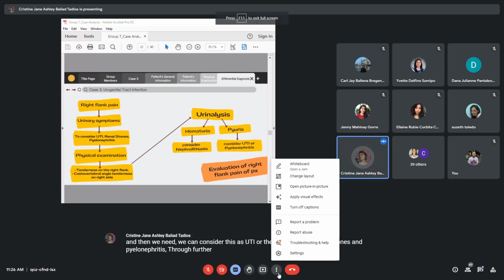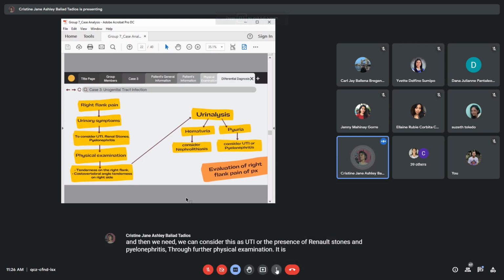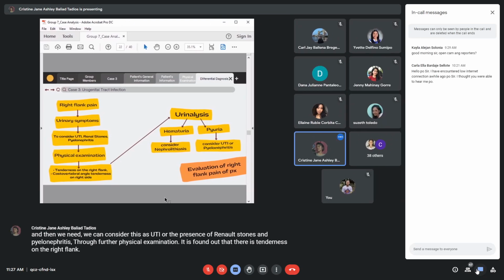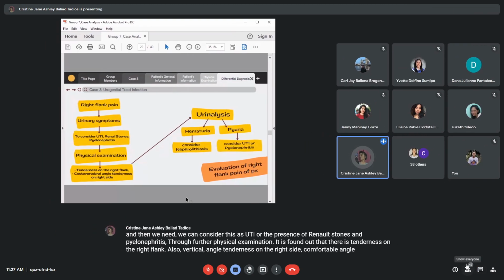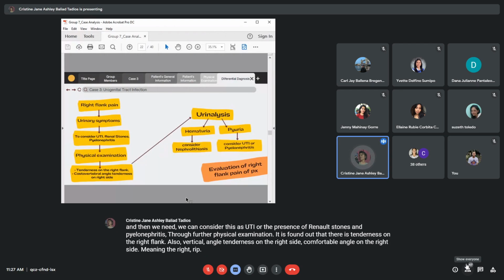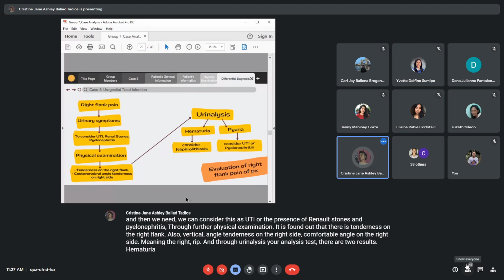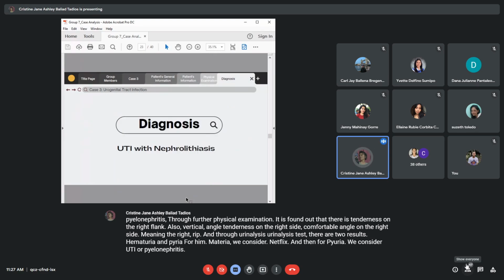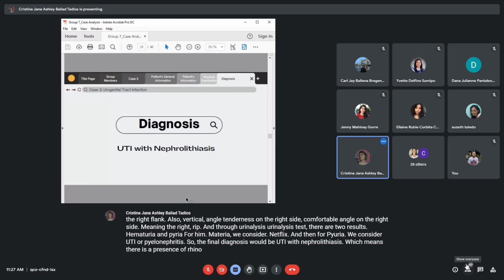Through further physical examination, it is found that there is tenderness on the right flank and costovertebral angle tenderness on the right side, meaning the right rib. Through the urinalysis, there are two results, hematuria and pyuria. For hematuria, we consider nephrolithiasis, and for pyuria, we consider UTI or pyelonephritis. So the final diagnosis would be UTI with nephrolithiasis, which means there is a presence of renal stones.